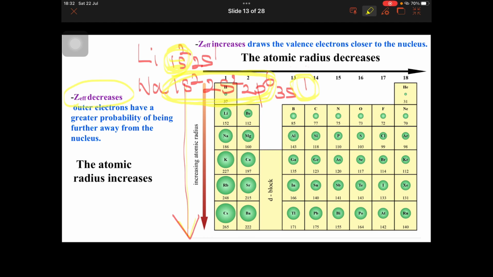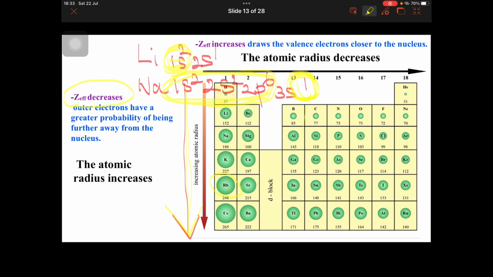When it comes to potassium and also rubidium, there are more inner shell electrons. As a result, the effective nuclear charge, or the charge felt by this valence electron, decreases, as it is far away from the nucleus and there are more inter-electronic repulsions from the inner shell electrons, and therefore the atomic radius increases. Atomic radius increases down the group.